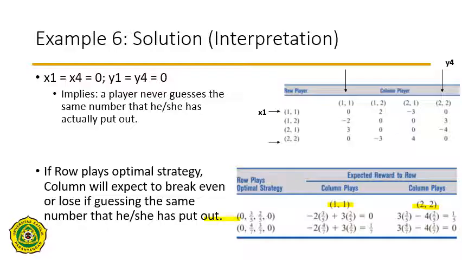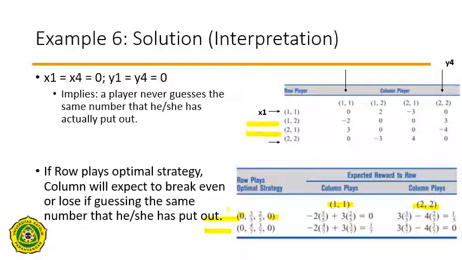This row 0, 3/5, 2/5, 0 means that the player never plays the first strategy, plays the second strategy 1,2 with a probability of 3/5, plays the third strategy 2,1 with a probability of 2/5, and never plays the fourth strategy. Remember, we have multiple optimal solutions, so this solution is also optimal: 0, 4/7, 3/7, and 0.